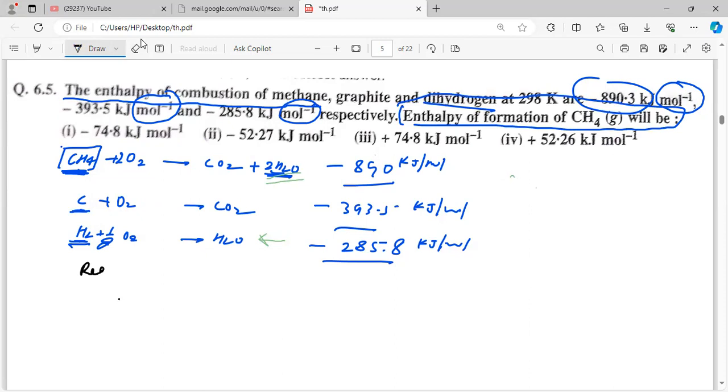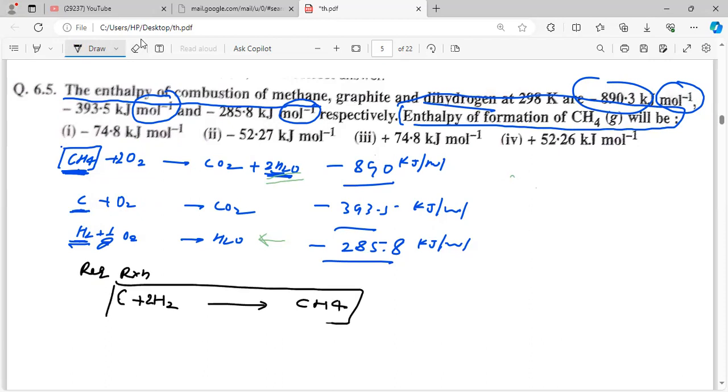The standard state of carbon is C and the standard state of hydrogen is H2, so it will give CH4. You need to multiply this by 2. This is our required reaction. This is what they are asking: delta f H naught of CH4. How much will it be?